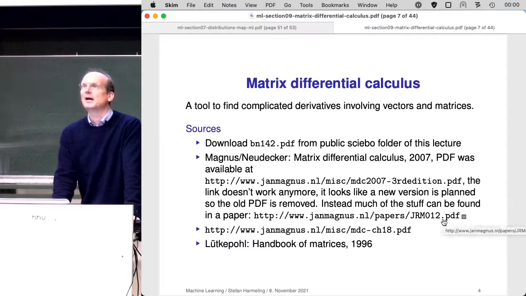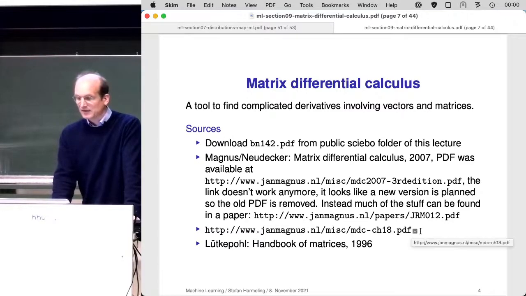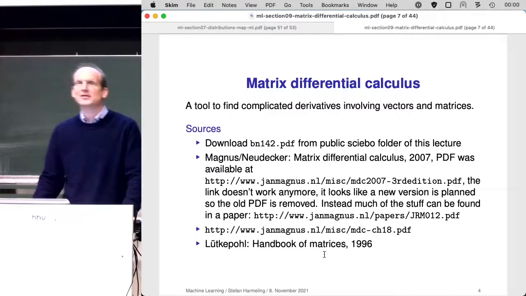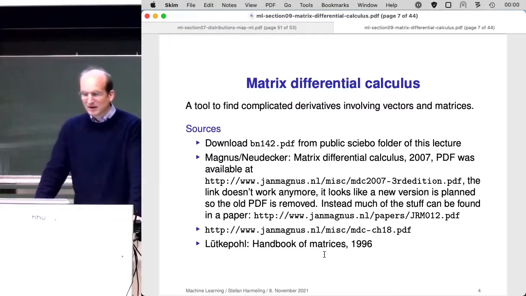Okay, so this paper also summarizes the method in great detail. And here's another one. This is also a PDF where you have lots of the material. Then there's another really nice book, the so-called Handbook of Matrices from 1996 by Lütkepohl. I'm not sure whether it's available online. It's also a quite nice book where you can find everything about matrices, okay?